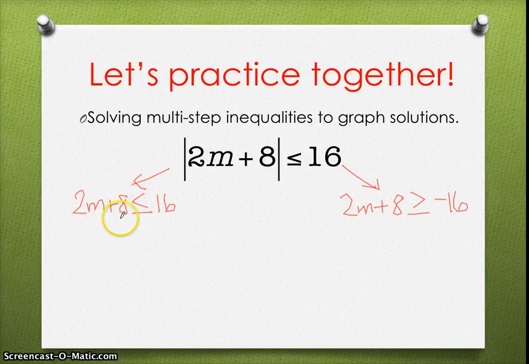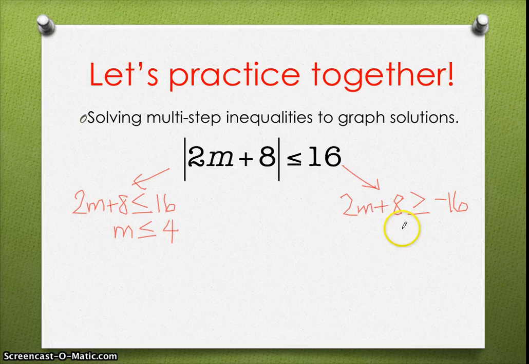So then when we apply the multi-step inverse operations to find the value of m, we should subtract 8 and then divide by 2. So we should get m is less than or equal to 4, because 16 minus 8 gets us 8, divided by 2 gets us 4.